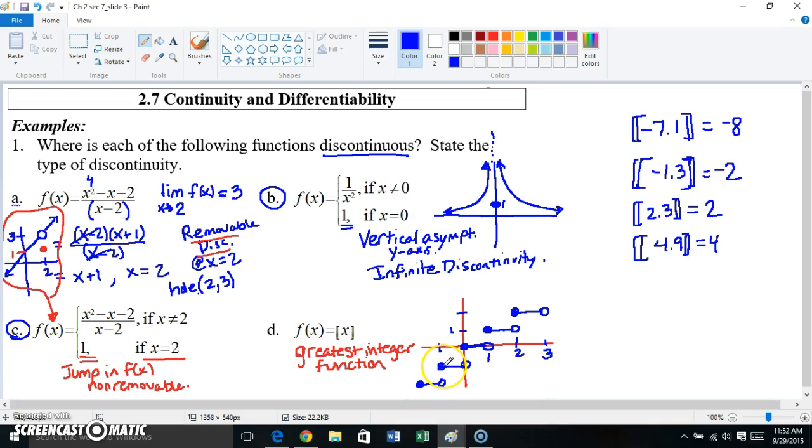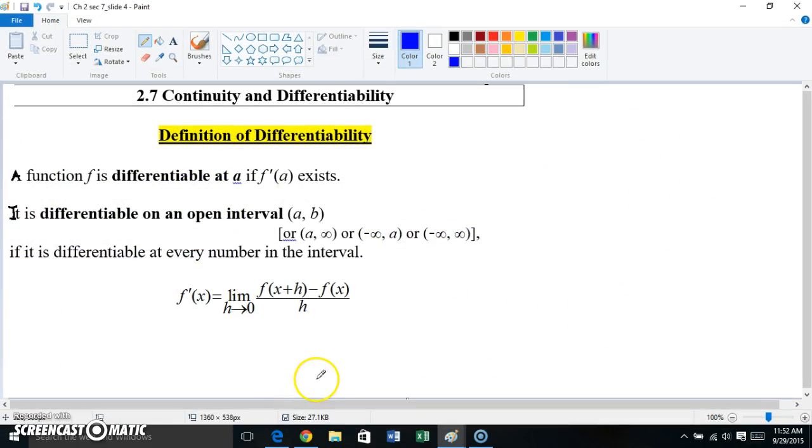So this is also called the step function or the floor function. Okay, so there's a lot of jumping going on in this graph. So this graph has jumps in it. We call that non-removable discontinuity. Okay, I think that's the end of discontinuity, and now we're going to start taking a look at differentiability.